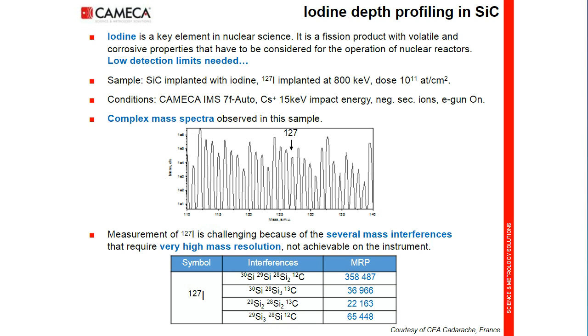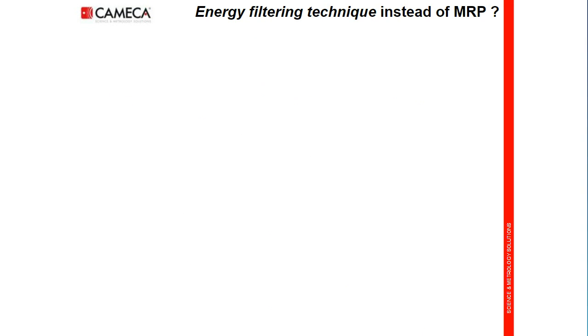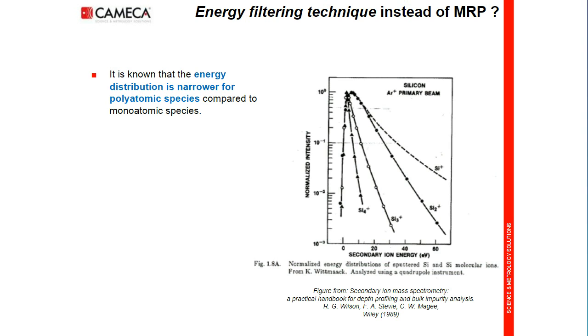Could we use the energy filtering technique instead of high mass resolution conditions in order to remove molecular mass interferences? The energy filtering technique is based on the fact that the secondary ion energy distribution is narrower for polyatomic species compared to monoatomic species.